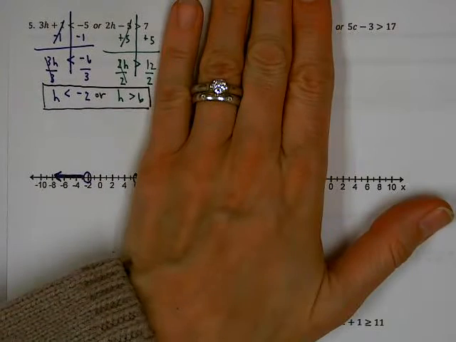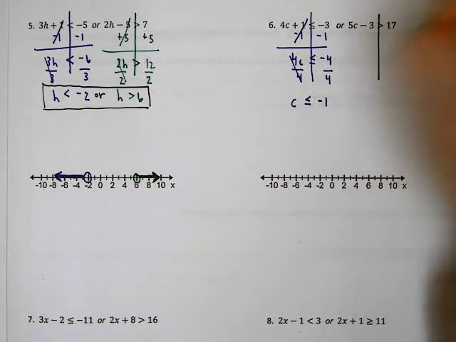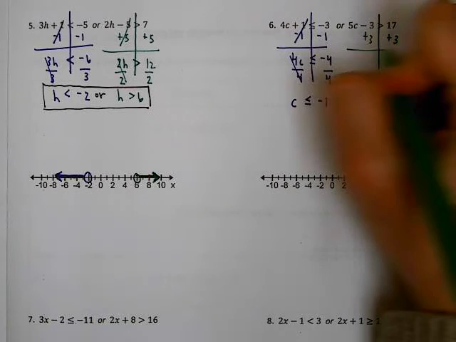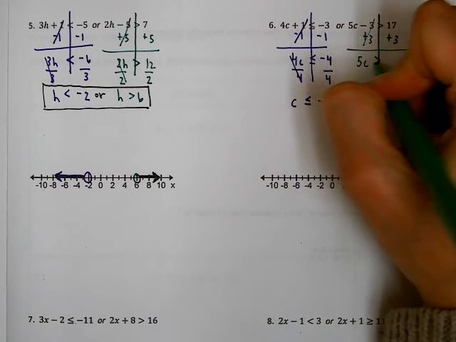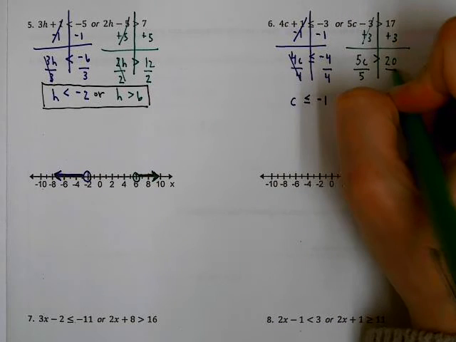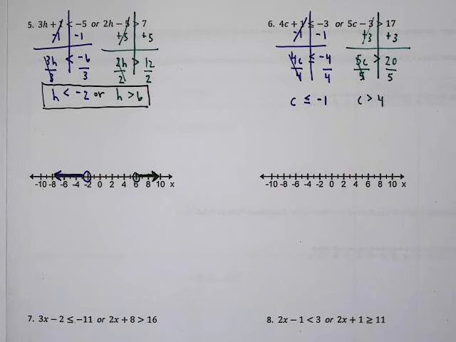Now I can deal with my second inequality. So I'm going to draw my line, add 3 to both sides. That gives me 5c is greater than 20. Can divide by 5 on both sides, and I know that c is greater than 4.